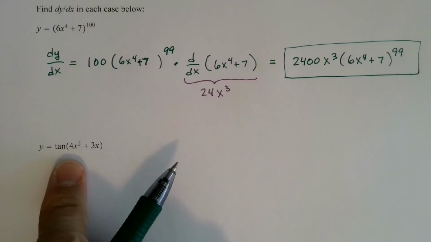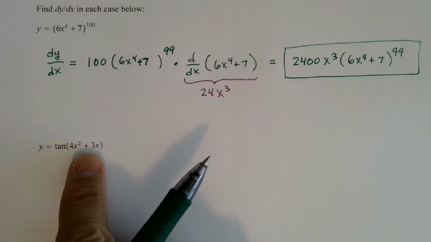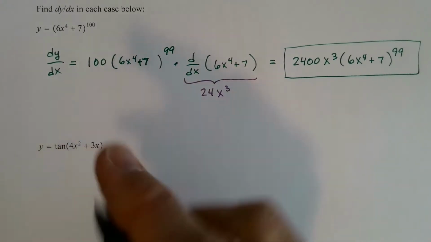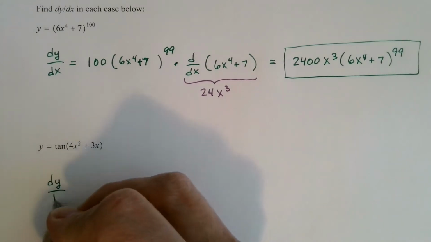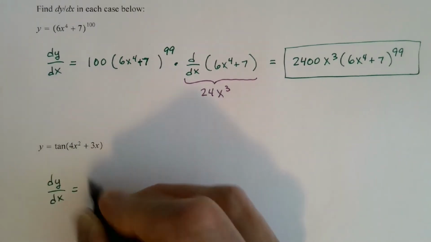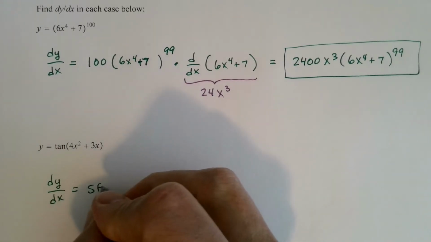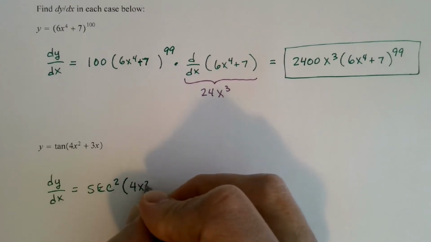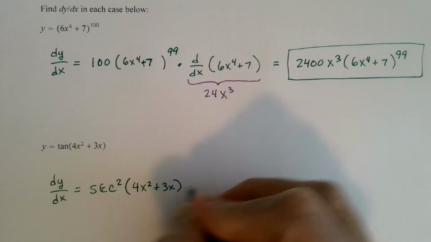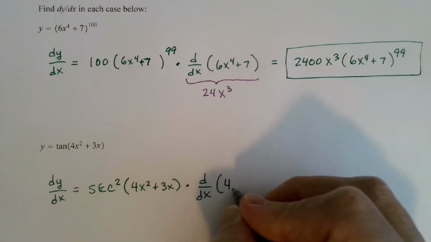Here's chain rule again, but it's the generalized rule for the tangent function. The outer function this time is tangent. The inner function is 4x squared plus 3x. So in this case, the derivative is the derivative of tangent. What's the derivative of tangent? Secant squared, evaluated at u, in this case 4x squared plus 3x, times what? The derivative with respect to x of that inner function.